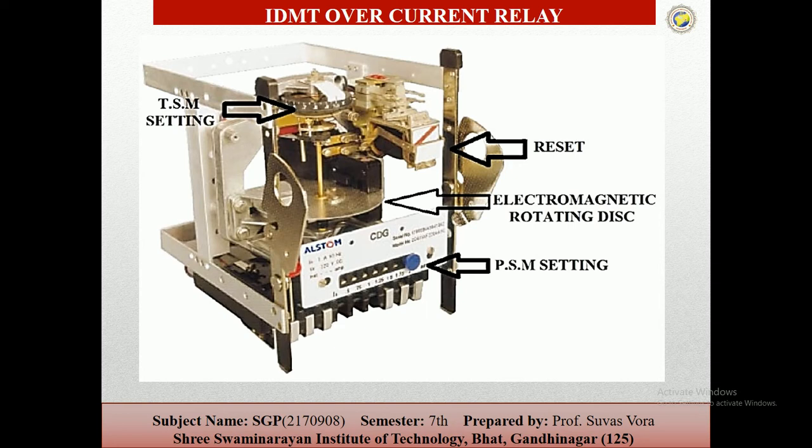So we can say the pickup current of the relay is 1 into 150%, which means 1.5 amperes. Now if I talk about the PSM setting, if it is 1 ampere, then 5 divided by 1.5 amperes, since I have set 150%, the deflection will be 3.33.